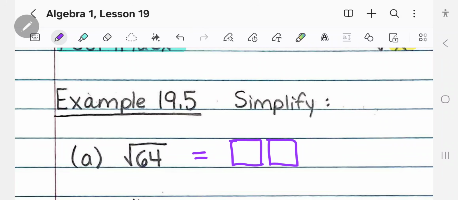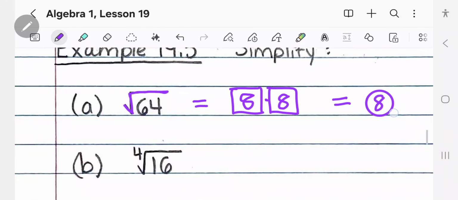But 32 times 32 is way bigger than 64, right? You're thinking adding 32 and 32. But what number times itself would give me 64? Yep, 8 times 8. So the square root would be 8, because it's saying what number times itself would give me 64.